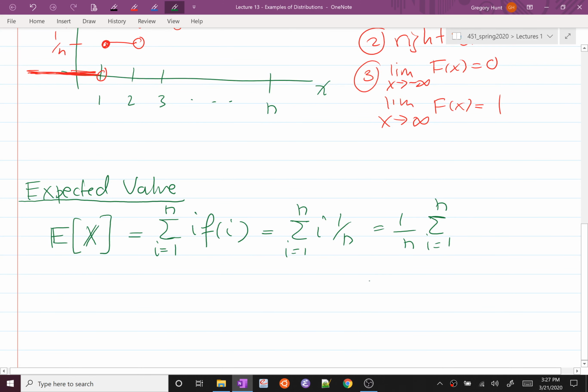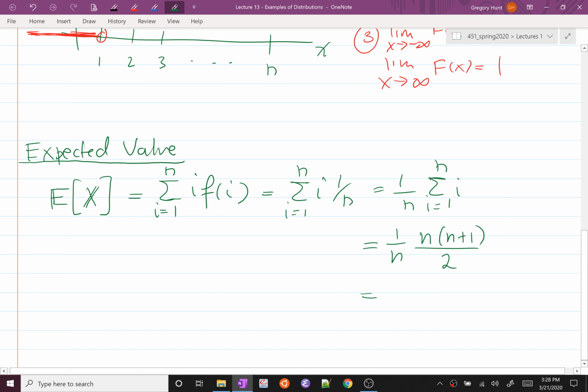And you need to know a little trick, a little formula, thanks to Gauss here. We forgot our i here, so there's 1 over n times the sum, i goes 1 to n of i, and that sum is, by a handy little formula, n times n plus 1 over 2.